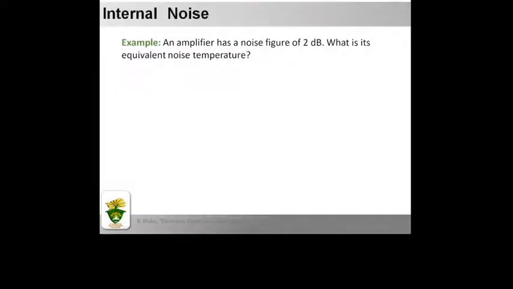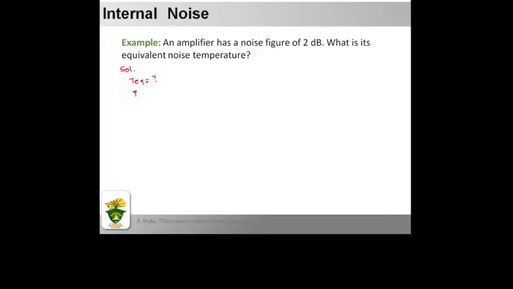We have an example here. Sample problem: an amplifier has a noise figure of 2 decibels. The question is, what is its equivalent noise temperature? So we have the solution here. It is finding the equivalent noise temperature.